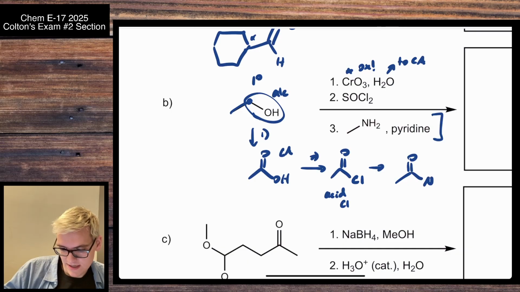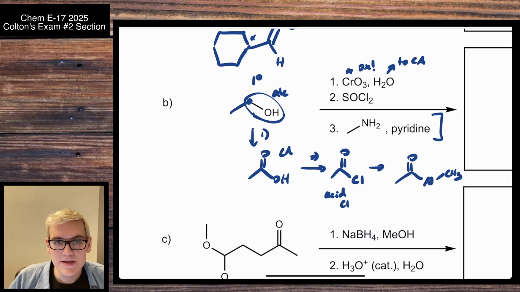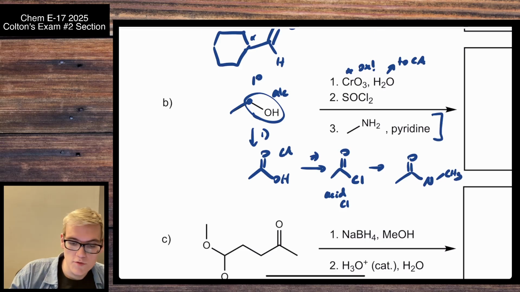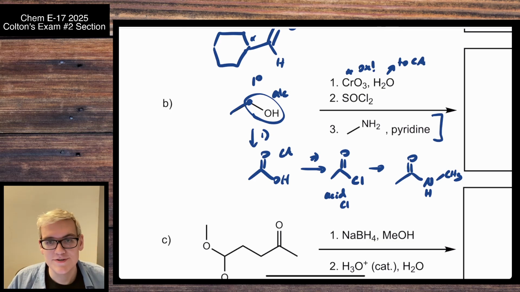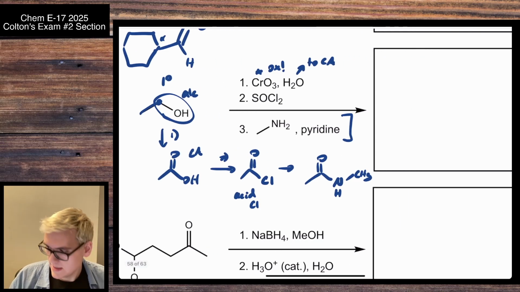So we have nitrogen with a CH3. Some hydrogens are going to get removed in the course of the reaction. If we kept both of those hydrogens on, it would have a positive charge, so to make it neutral, we just need to remove one of those hydrogens. Remember, nitrogen is neutral with 3 bonds and 1 lone pair. So that should be our final product.